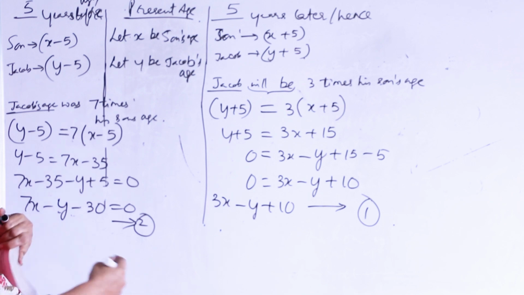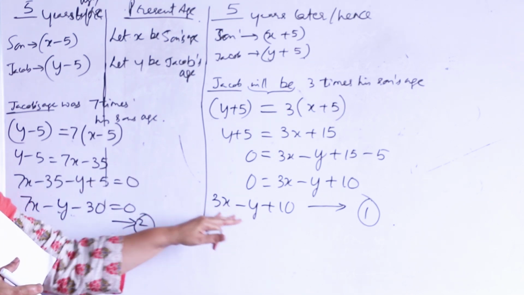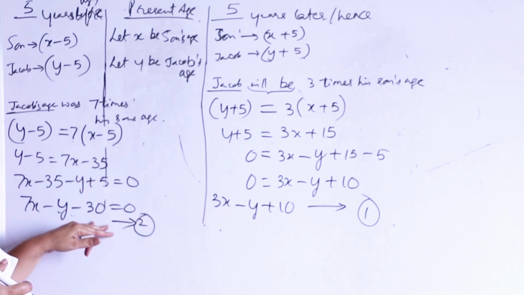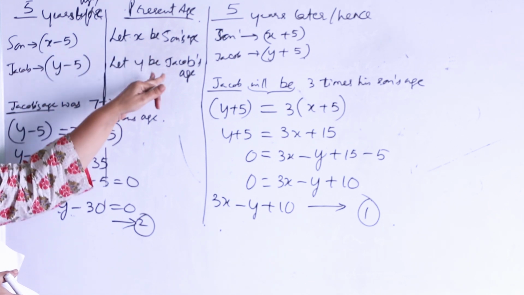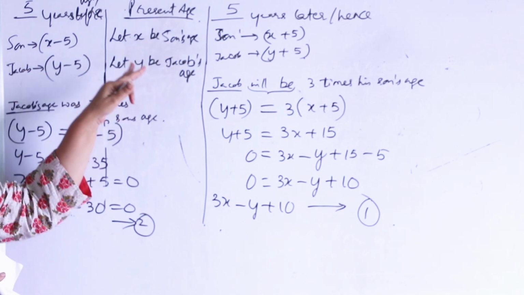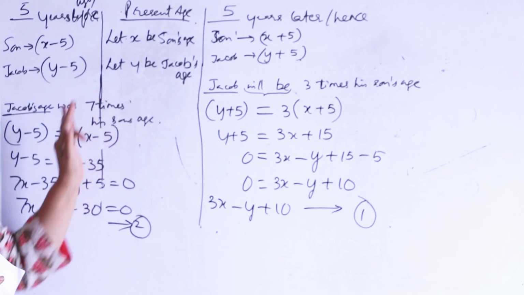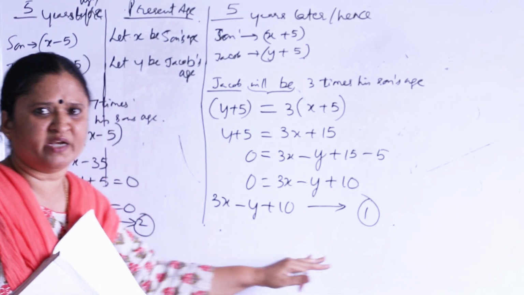So here, if you solve equations 1 and 2, this pair of equations, for x and y, you will get son's age and Jacob's age. You should be very cautious when you are writing the conclusion statement.